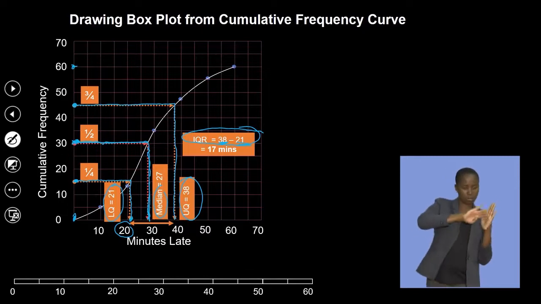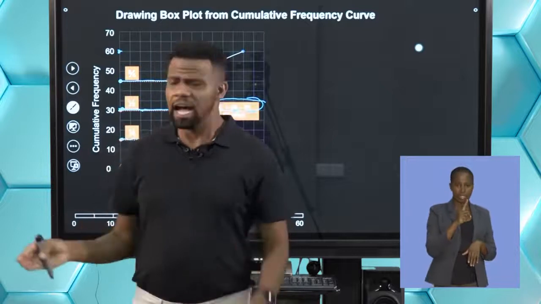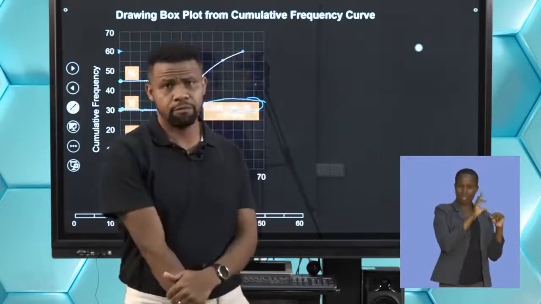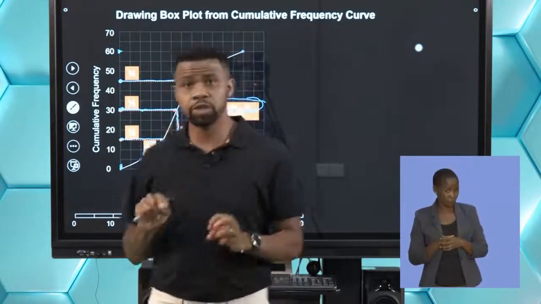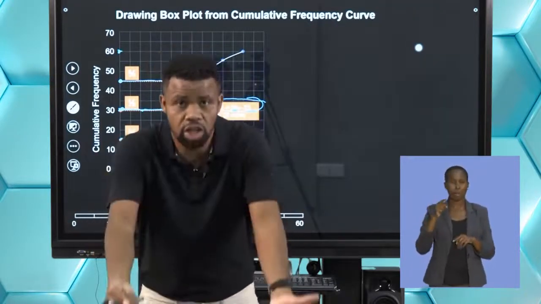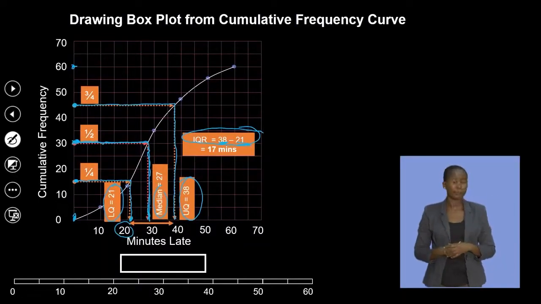How do we draw that? For the whisker plot, we have the minimum value, the maximum value, and the quartiles. Where do I get the maximum value from? From the cumulative frequency graph, or the ogive, which is the same thing. So there's the whisker plot.